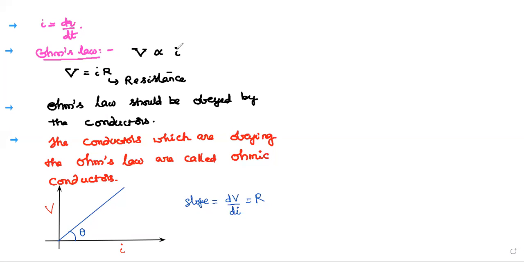The proportionality constant, the resistance, is constant. But beyond a certain voltage, if you increase the voltage, the current value slowly does not increase linearly, not going in a straight path. It may go non-linearly.